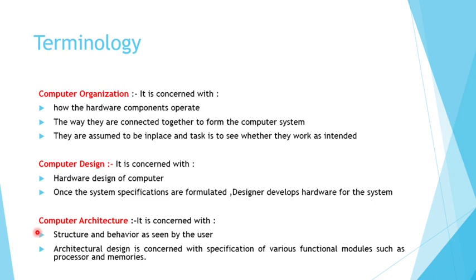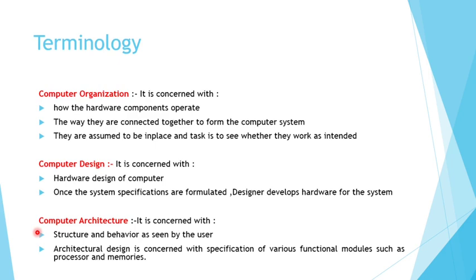and the user would be concerned with just the functional modules. Like, the user might ask what is the fuel capacity, what are the number of gears in the car. In the same way, computer organization is concerned with how the hardware components operate, and it assumes that everything works fine and as intended.